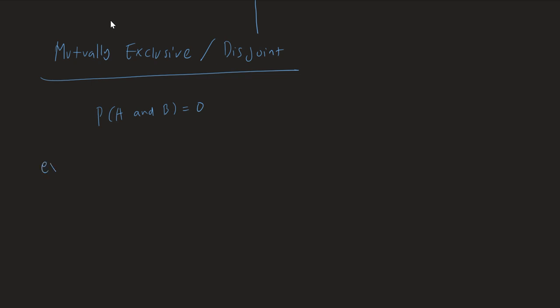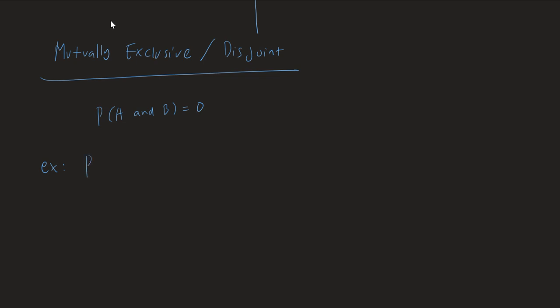Mutually exclusive, wouldn't it be P of A or B? No, no. This is the basic first. For a mutually exclusive or disjoint event, the probability of A and B equals 0 because event A and event B cannot happen at the same time.